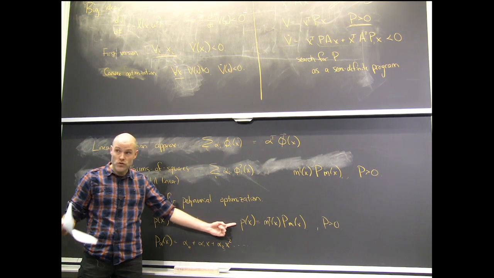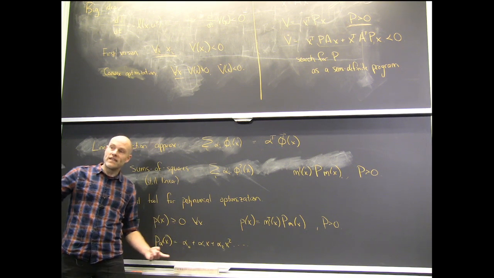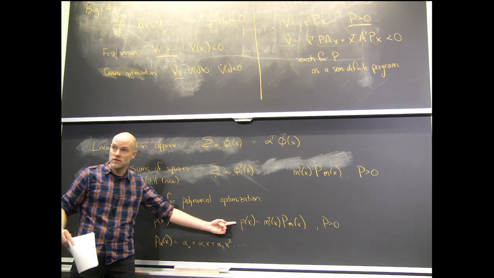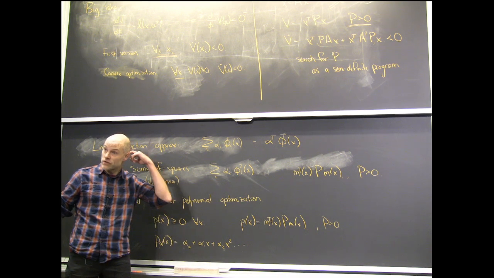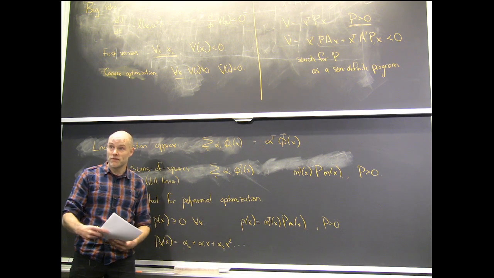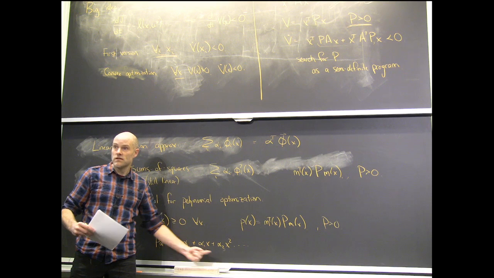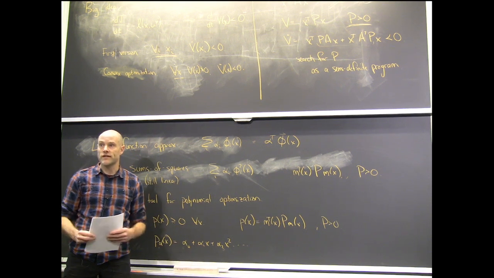That is not true in the multivariate case. But one direction is true. If I can find a sums of squares decomposition, then I'm guaranteed that it's positive. It's the converse that's not true. And for Lyapunov analysis, we're just trying to find any multivariate Lyapunov function that is guaranteed to be greater than or equal to 0, and that's the direction we needed, and that's the direction we have. Good question.